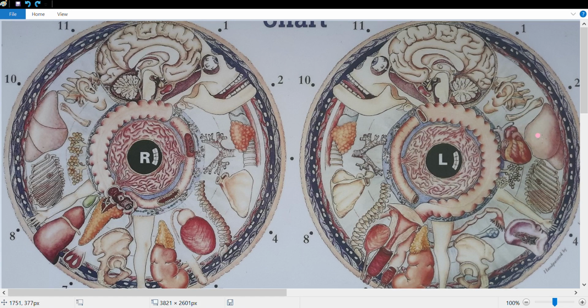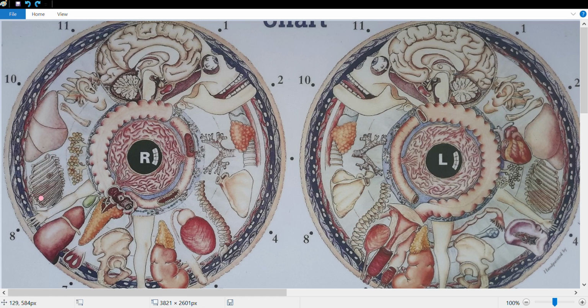We also have the lungs. So if you're not aware, our lungs differ slightly. Because the heart is on the left side of the body, there are actually only two lung lobes on the left side, and then on the right side you can see that there are three lobes, and the heart is not reflected.